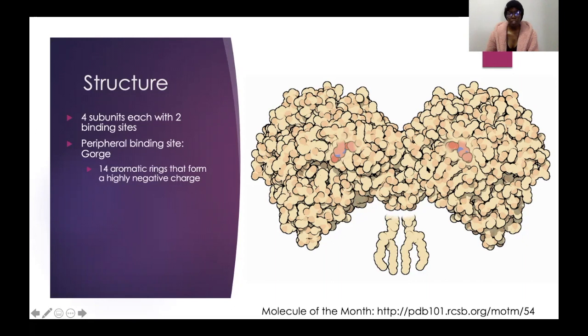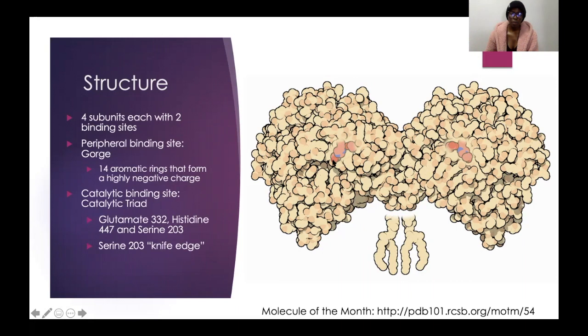The first is the peripheral binding site, which is basically this gorge here, where the acetylcholine molecule is able to enter, and it basically consists of 14 aromatic rings that form a very, very strong and highly negative charge. And then the second binding site is here towards the bottom of that gorge, and it's called the catalytic binding site.